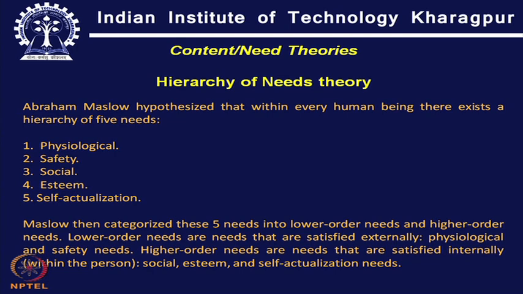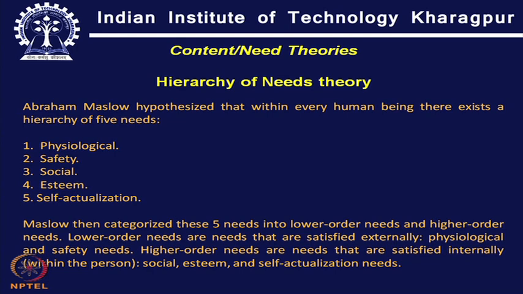Physiological needs and safety needs are called the lower order needs, and these are satisfied externally, and higher order needs are the needs that are satisfied internally, within the person, like social needs, esteem needs and self actualization needs.